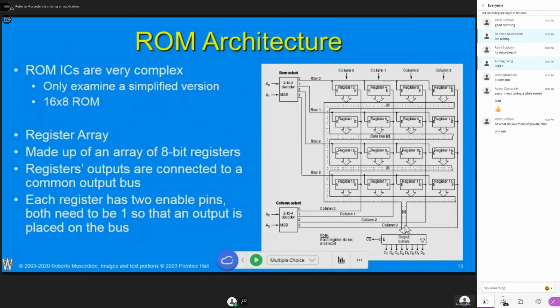Now we could use a 4 to 16 decoder, which would give me 16 outputs to each one of these registers. But a 4 to 16 decoder is actually quite large. So we have a thing, we talked about this in DLD1, called coincidence decoding, which is basically where you can use two separate decoders. So A0 and A1 go through one decoder, and A2 and A3 go to another decoder.